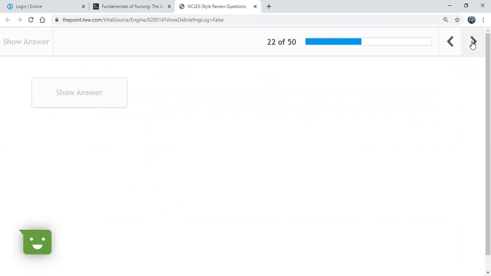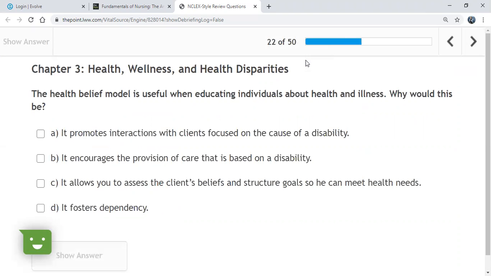So I might have picked 50 for each chapter. Come on, girl.